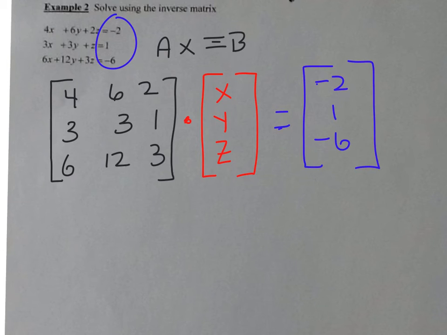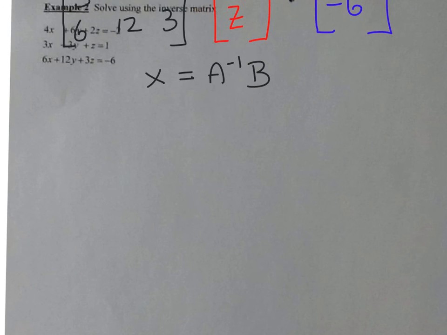The next thing we want is x equals the inverse of A times b. So you have to plug this 3 by 3 matrix into your calculator and get the inverse. You can do that while I move everything up. So your xyz equals your inverse.